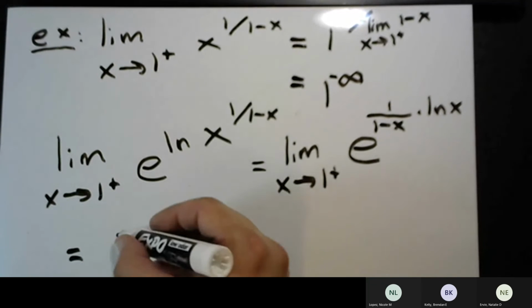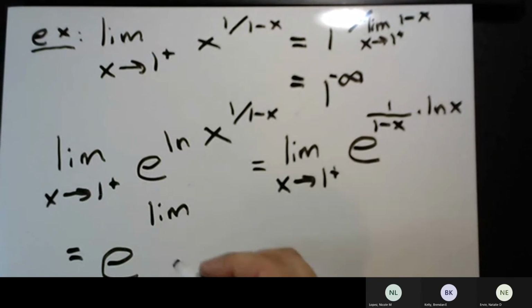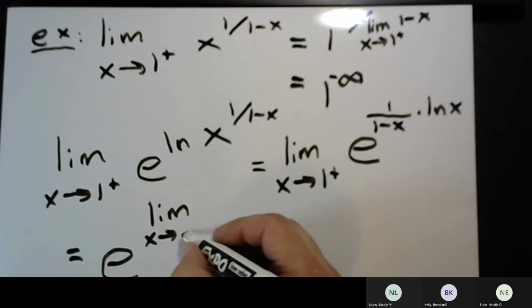So what happens here is our limit is going to hop up like this.